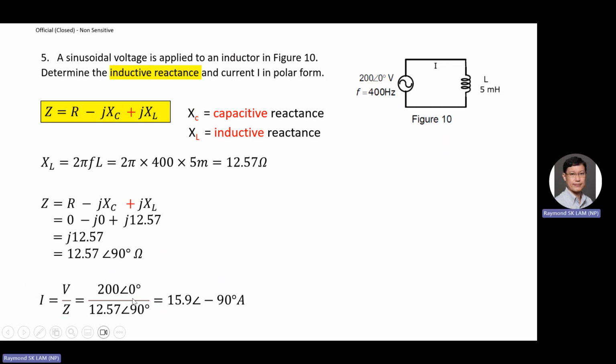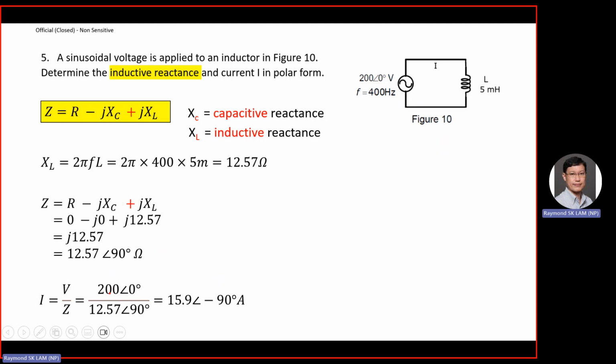Do you remember? I say that the number is one part, the angle is the second part. So the number part, you get 200 divided by 12.57. Can you press calculator, see whether you get 15.9? Can you try out?